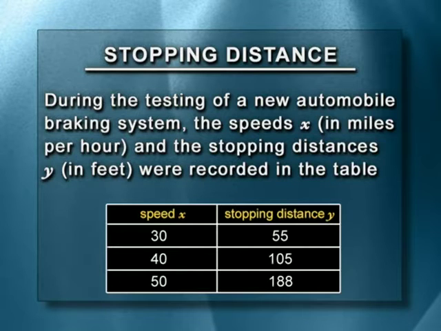So basically, you run some experiments and you time people as they try to stop the car at various speeds. Now, again, this is pretty simple, but in real life, you would have maybe 1,000 pieces of data here. You would have all kinds of data. How could you get a handle on this data? Well, here's one way. We could fit a parabola to this data.